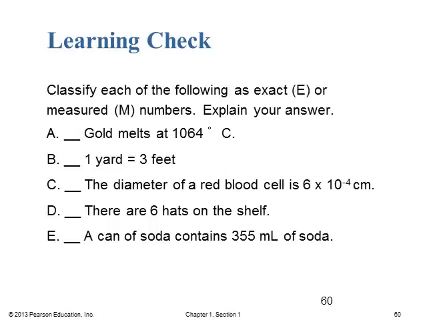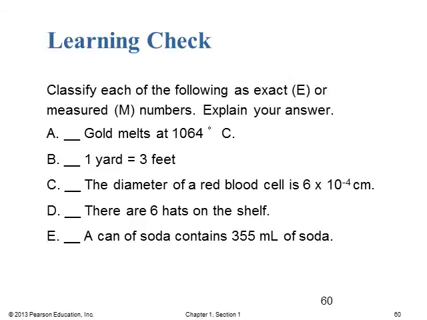All right, and so here we are going to identify each of these scenarios as having exact or measured numbers. So gold melts at 1064 degrees Celsius. We're going to use something to come up with that measurement or that temperature, and so we have a measured number in that case. If we have 1 yard equal to 3 feet, that is a conversion. That is a definition, and so that's an exact number.